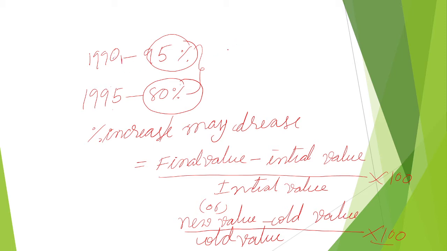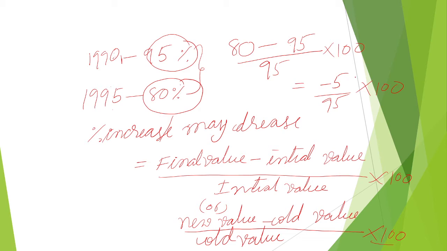What is the final value here? 80, minus the initial value, 95, divided by the initial value, 95, into 100. That gives minus 5 by 95 into 100. Approximately, as I told you, it is 1 by 20.